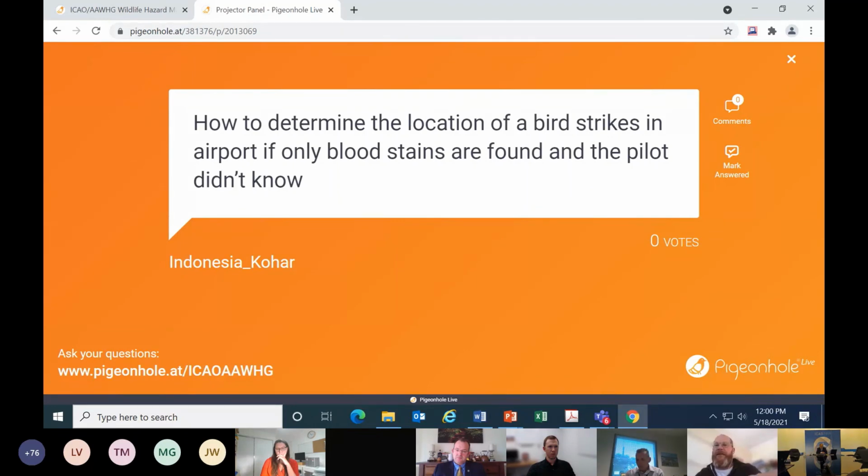I mean, without a carcass or an animal to point to, it's very difficult sometimes to identify these strikes, and it could be a case of tracking back to even a couple of ports ago if it wasn't noticed in between flying to an outer port. So there needs to be a lot of cooperation going on, and better cooperation going on between the operators, the maintenance providers, and the airports.